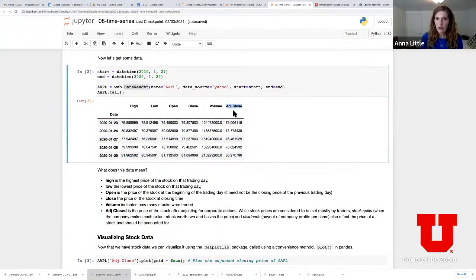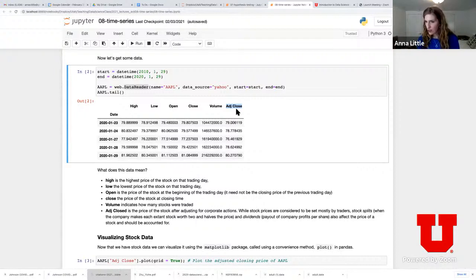So this is a little bit more helpful than just the closing value, because this adjusts for, if a company decides it's just going to, what do they call it? Do a stock split. So where you just split half the price and double the number of stocks, that'll really throw off the patterns that you're seeing. So this adjusted close data adjusts for that.